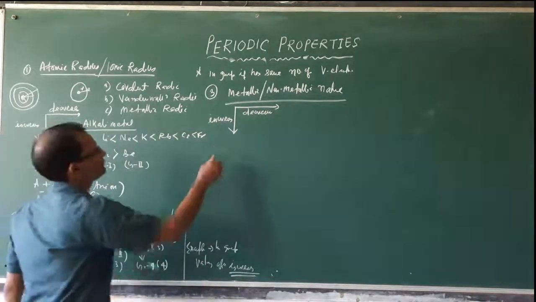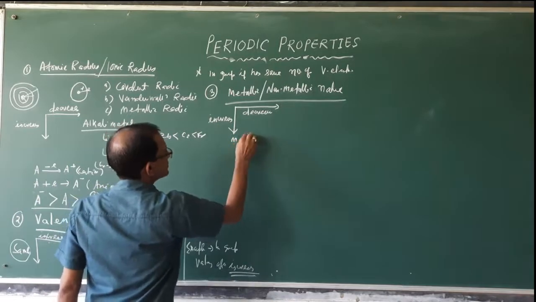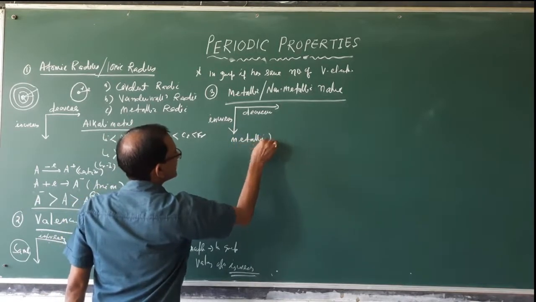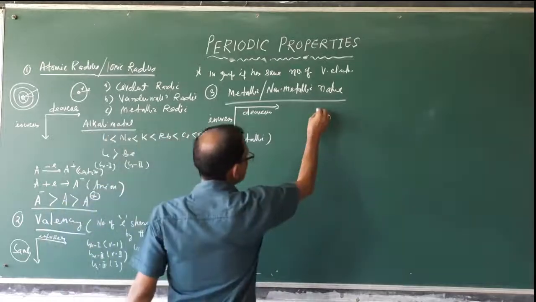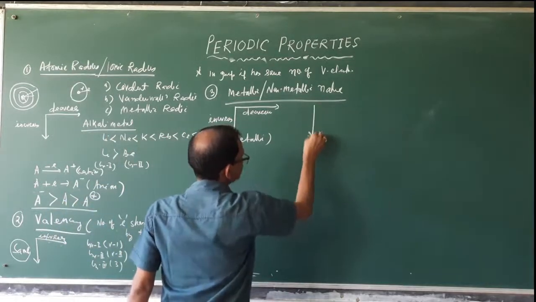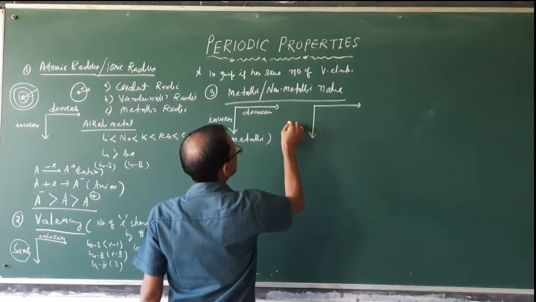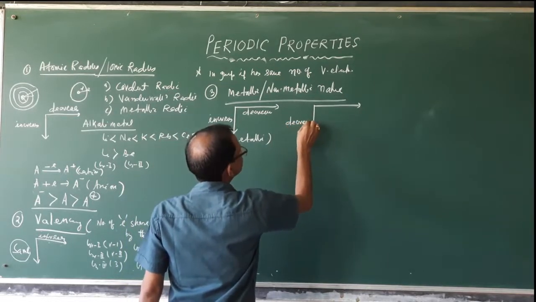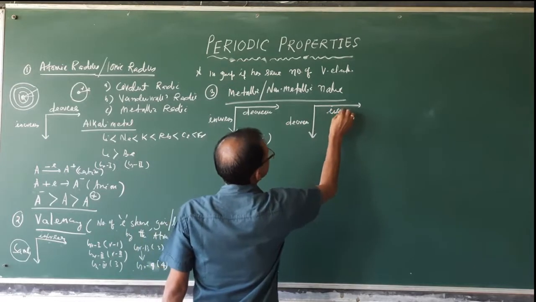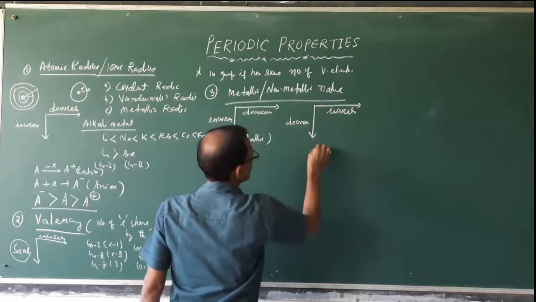This is regarding metallic nature, metallic character. But non-metallic character is just opposite. Non-metallic character decreases down the group, and increases along the period.